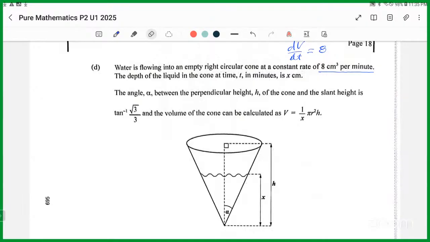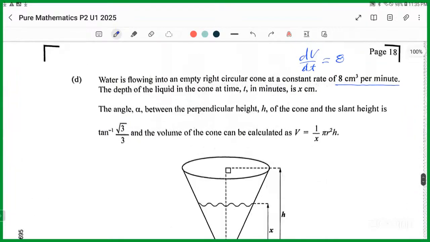That's 30 degrees. All of this, inverse tan of root 3 over 3, is just 30 degrees. If you use the calculator, you see inverse tan of root 3 over 3 is 30 degrees. So why didn't they just say it's 30 degrees? It's 30 degrees, and that can also be written as this.